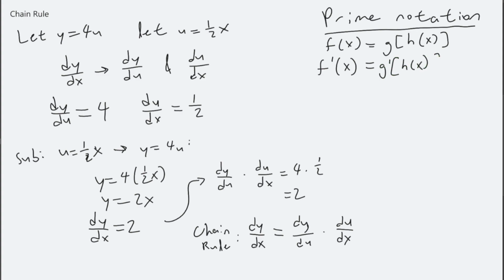Remember, this is the outer part. We're going to take the derivative of just the g, multiplied by the inner part, which is h prime of x, the derivative of the inner function. So remember, this is the outer derivative, and this part right here is the inner derivative.